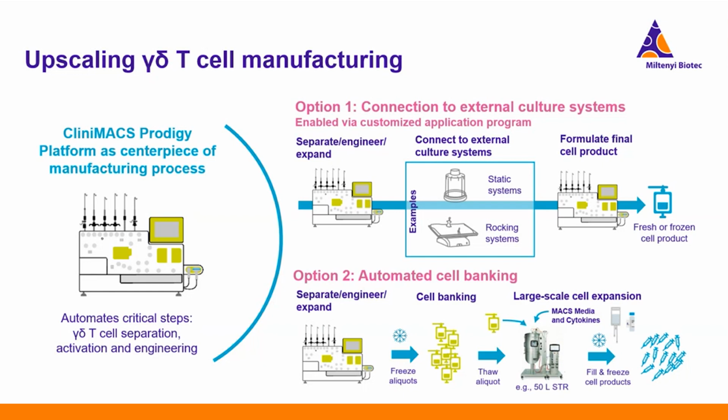So ultimately, the point with these upscaling options is that the Prodigy platform can be the key and the centerpiece of these upscaling processes, since it enables the automation of the critical steps in the process, such as the separation or the depletion of alpha beta T cells and B cells, as well as the activation, the triggering of the expansion and engineering.